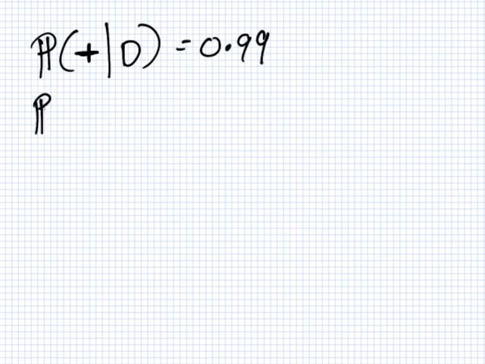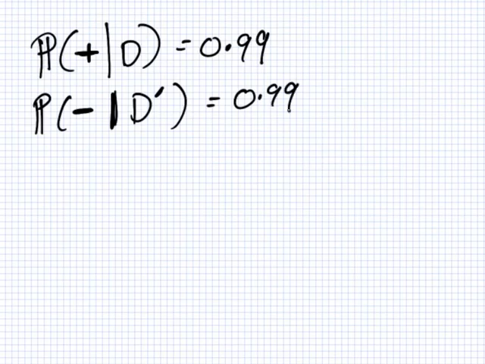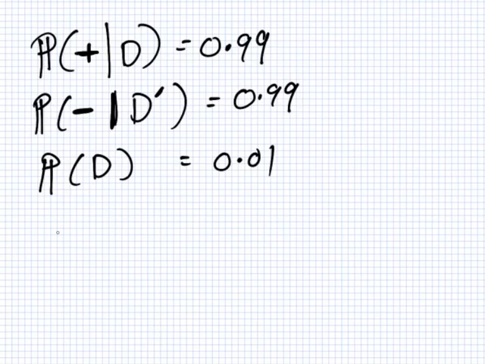The probability the test will be negative given that you don't have the disease is 0.99 as well. And we said only 1% of people have the disease. We want to calculate the probability that you have the disease given that your test result was positive.